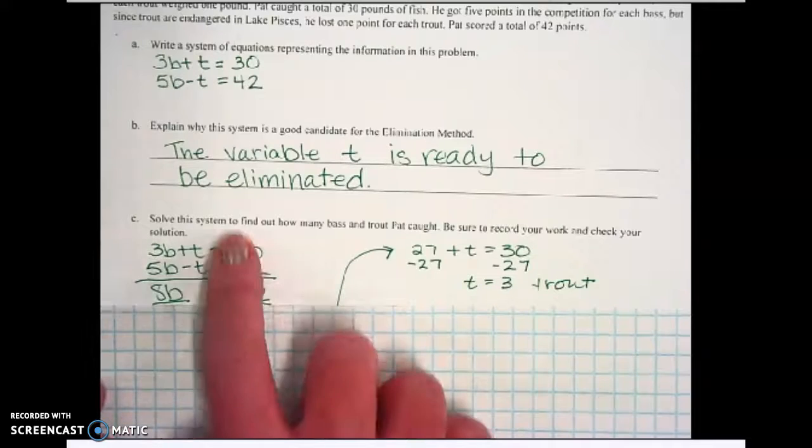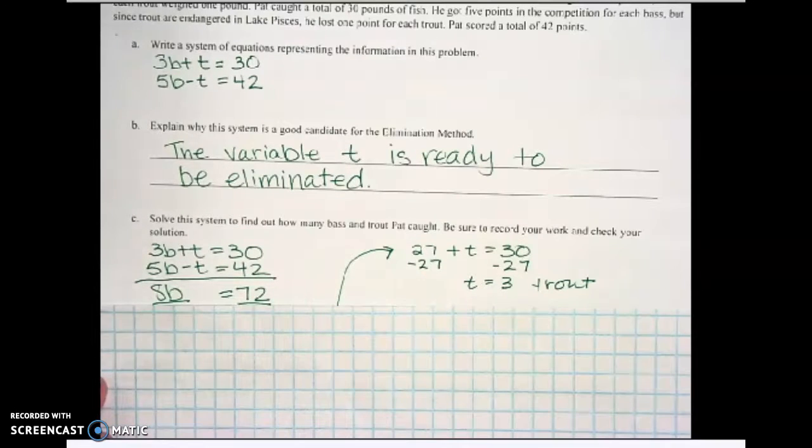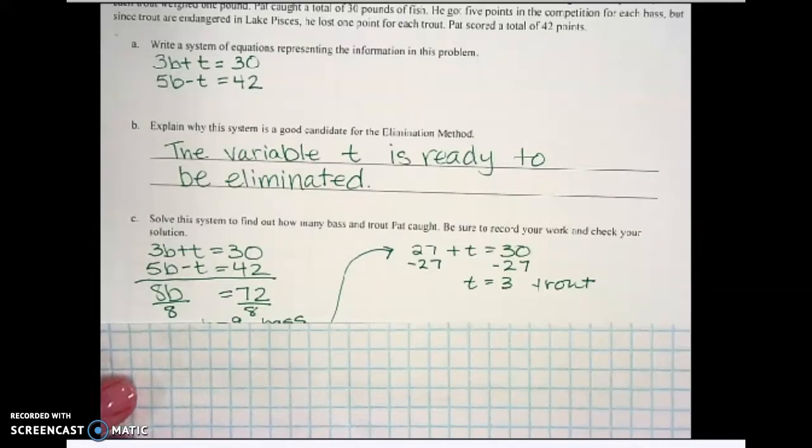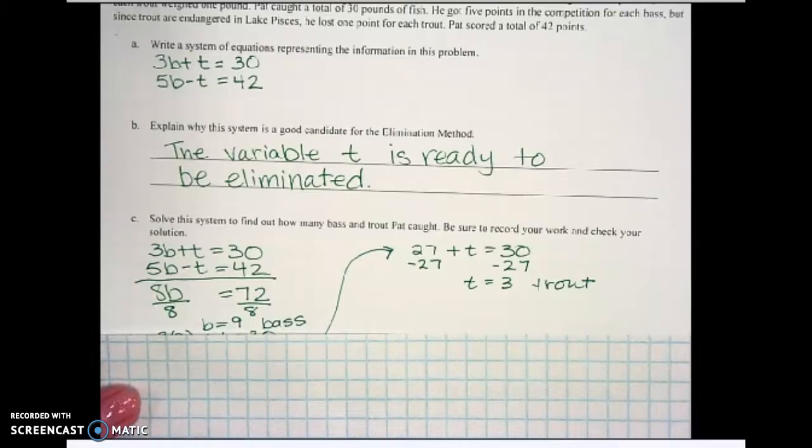Okay, and then on the right we have 30 plus 42, which is 72. What is the inverse operation of multiplying by 8? Okay, so we're going to divide both sides by 8. How many times does 8 go into 72? 9. So that means we have b equals 9. That's our bass, right?